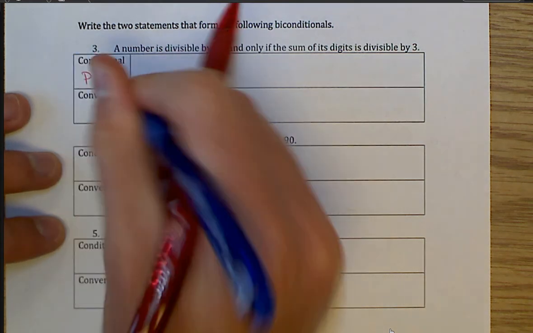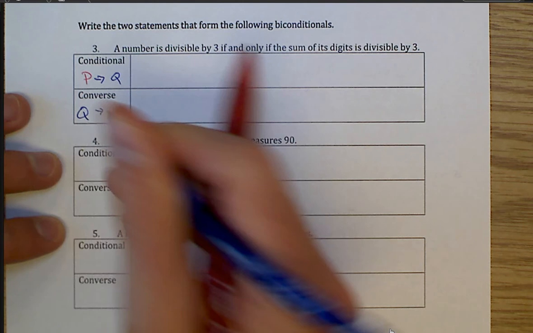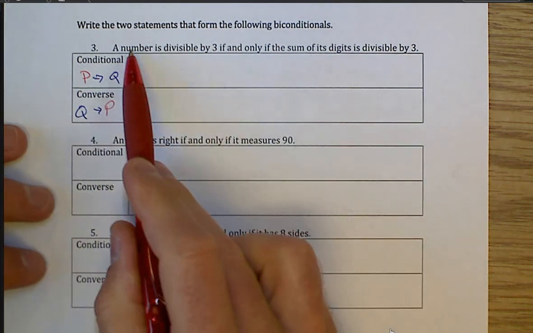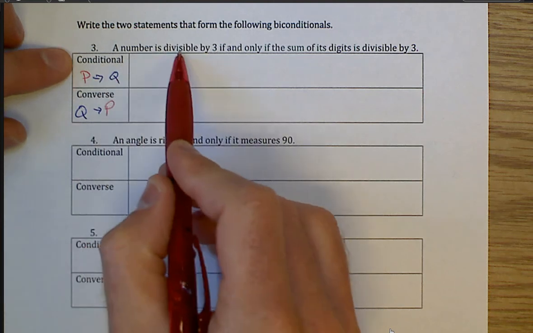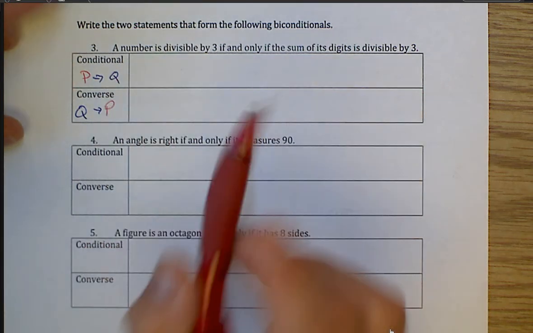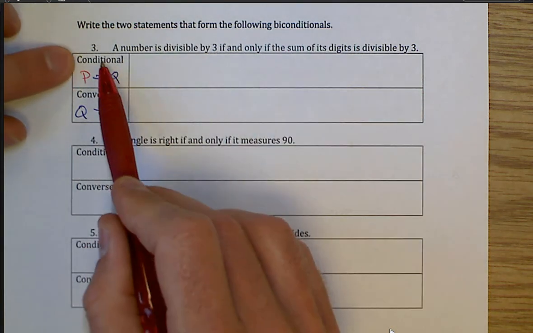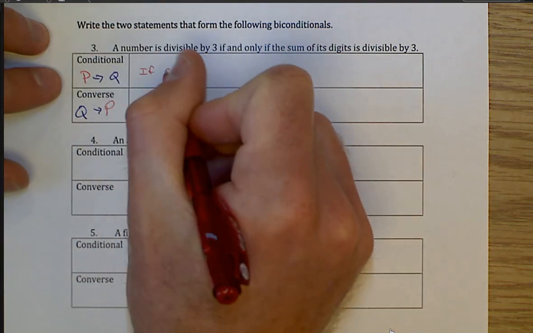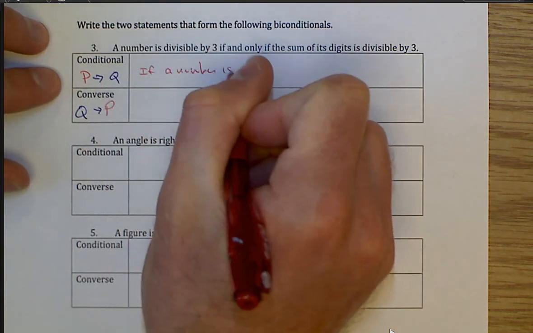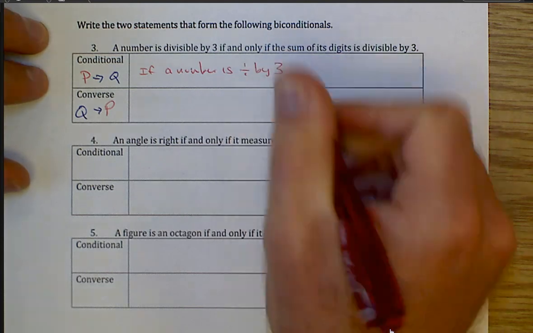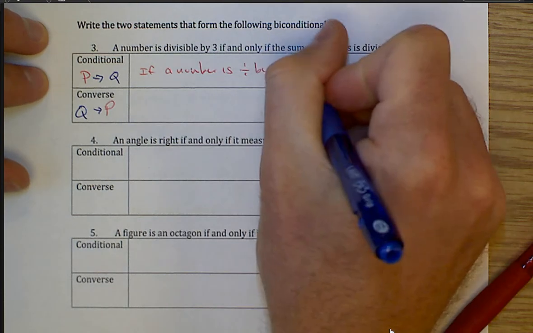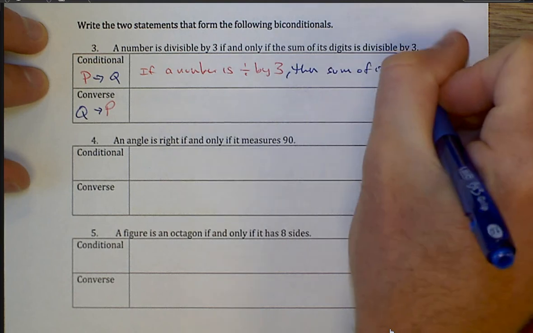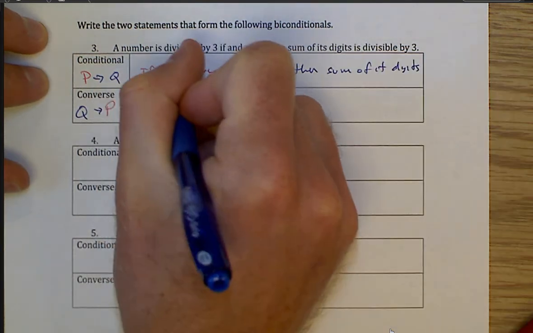The conditional statement, remember, always goes P implies Q. Your converse is always Q implies P. Look at that, fancy writing. All right, so you're just trying to pick out what is your hypothesis, what is your P, and what is your Q. Remember that in a biconditional statement, it's just like your conditional. So this is going to be if a number is divisible by 3, then the sum of its digits is divisible by 3.